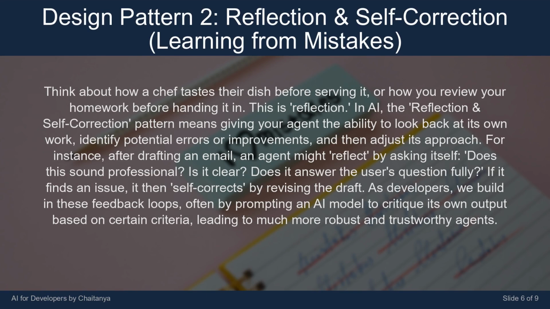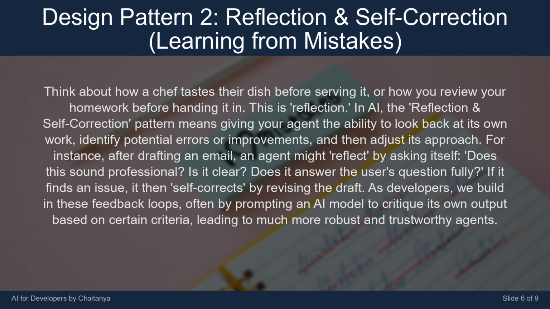Think about how a chef tastes their dish before serving it, or how you review your homework before handing it in. This is reflection. In AI, the reflection and self-correction pattern means giving your agent the ability to look back at its own work, identify potential errors or improvements, and then adjust its approach. For instance, after drafting an email, an agent might reflect by asking itself, does this sound professional?